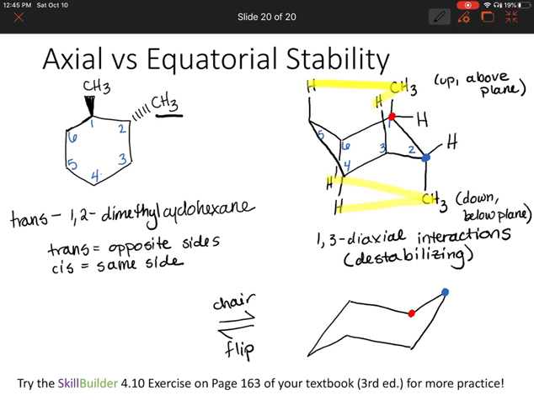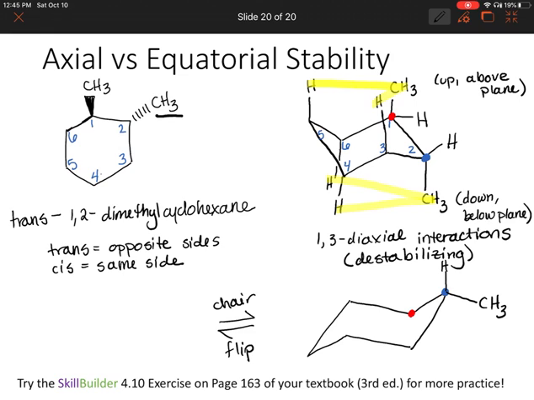So on the blue carbon, CH3 was down and axial, and now we did a chair flip, so it's still going to be down, but it's going to be equatorial. And then the hydrogen will still be up, but it will now be axial.